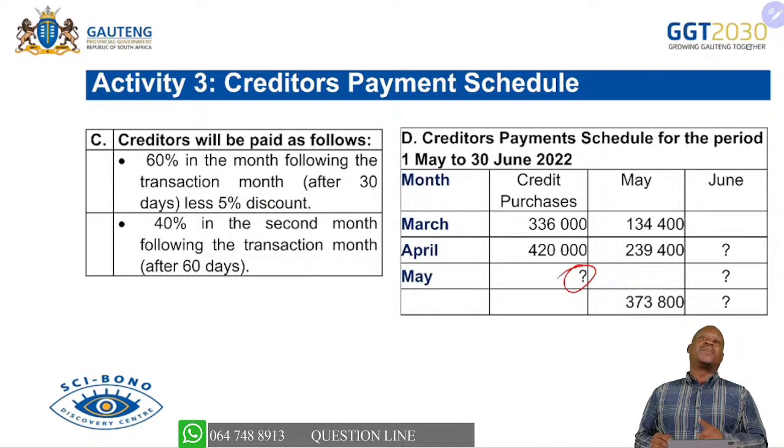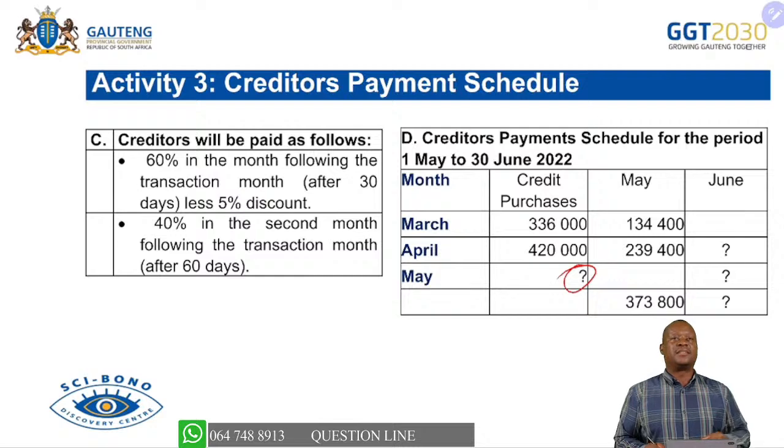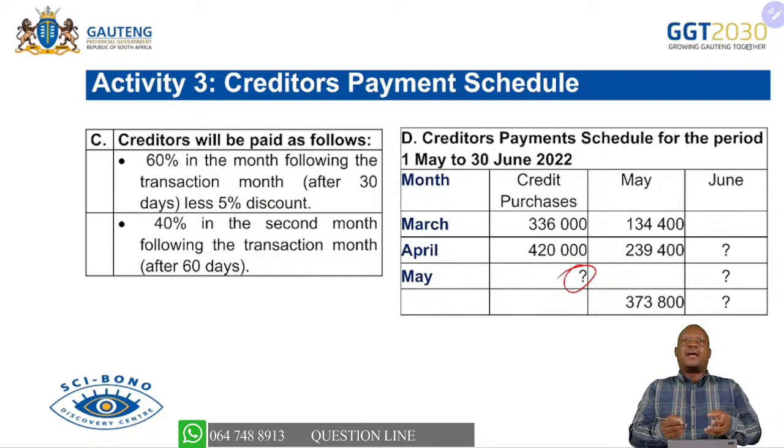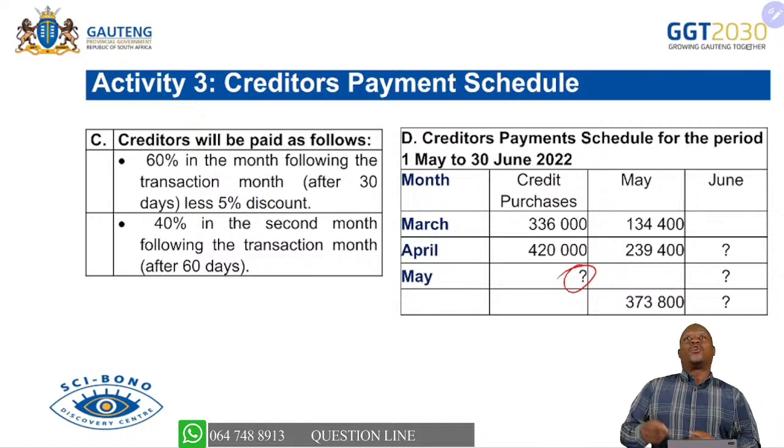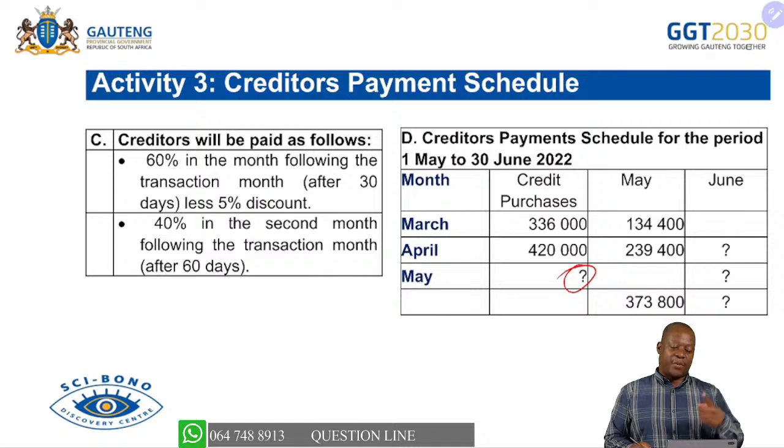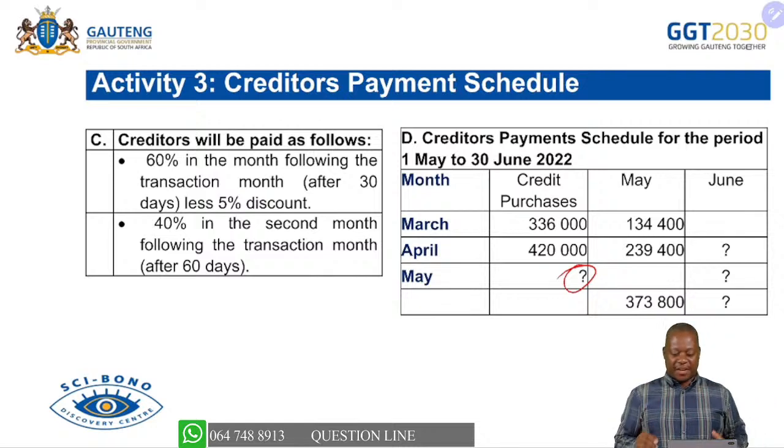How do we find the sales for the month of May? Remember, there's a markup of 25%. So we can say 100 over 125 times the sales for the month of May to find the total purchases for May. But we also remember, not all purchases are on credit. There we are. So we are in the right direction.